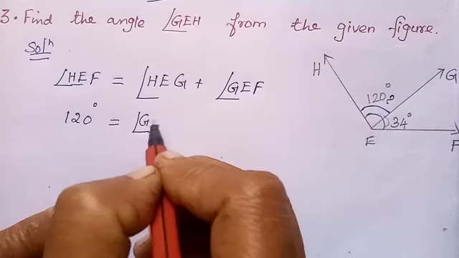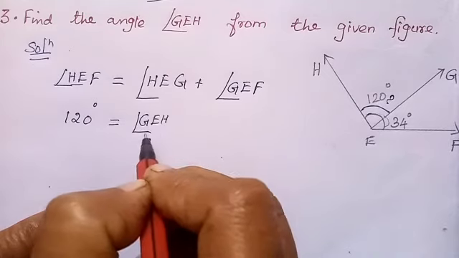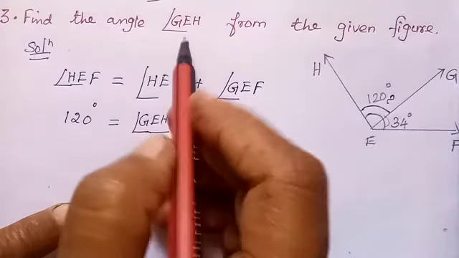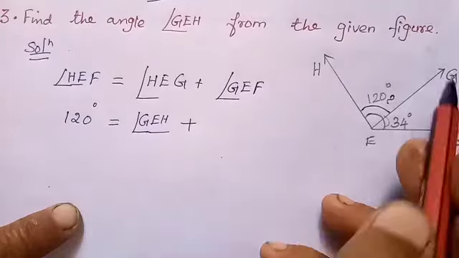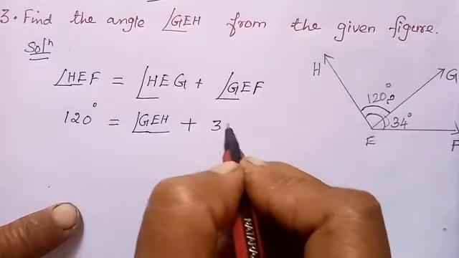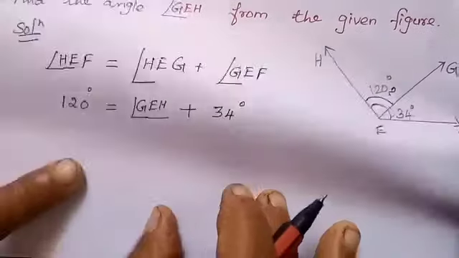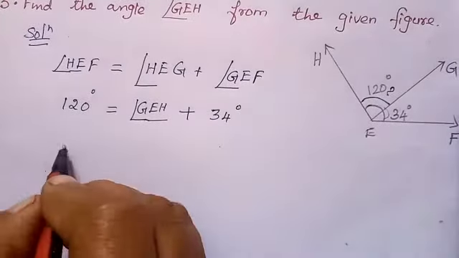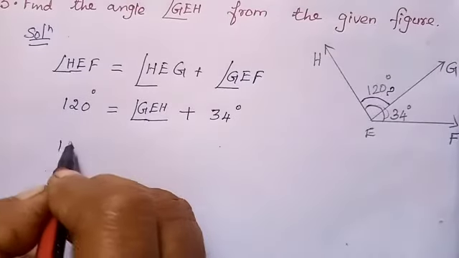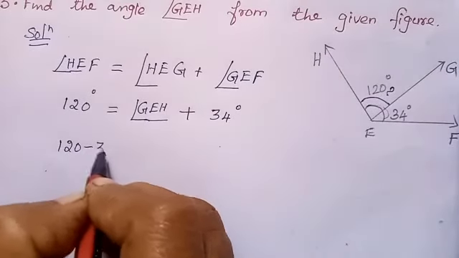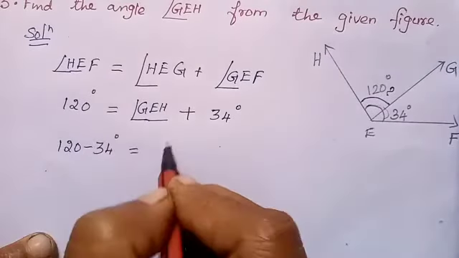So here GEH. I wrote here GEH because the question is given like that. Plus GEF equal to how much degree? 34 degree. Next we can shift this 34 degree to the left side. So this plus 34 changed into minus 34.